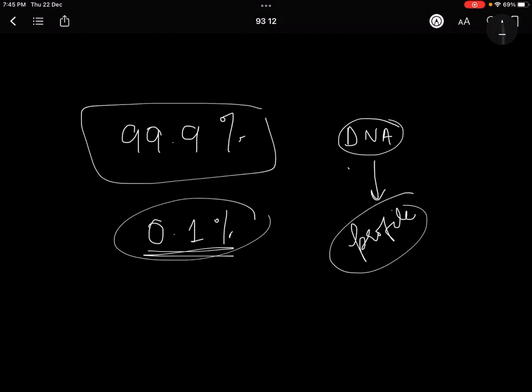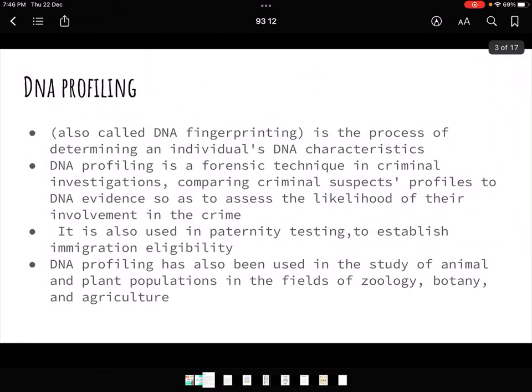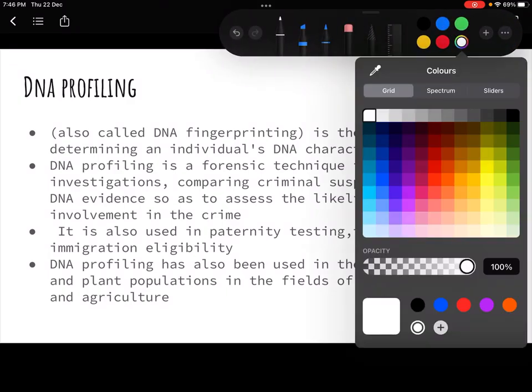It can be collected from any part of our body. You can take it even from the fingerprints on your hands, right? You can take it from your hair sample. So DNA has to be collected, and then we have to look at it. So now let's understand what the whole idea is all about.